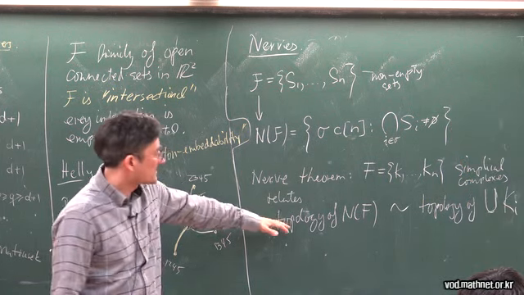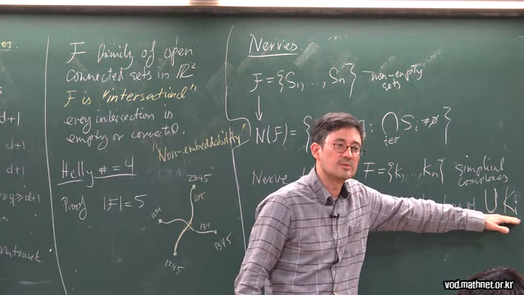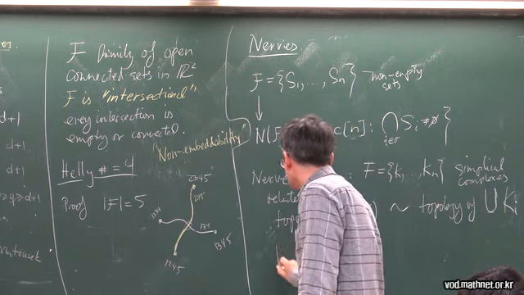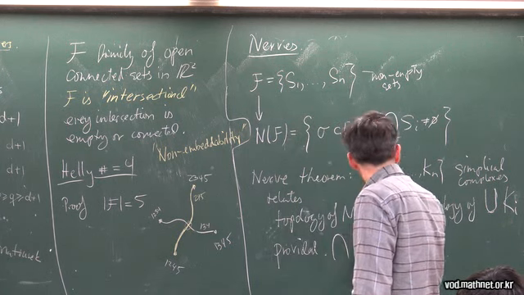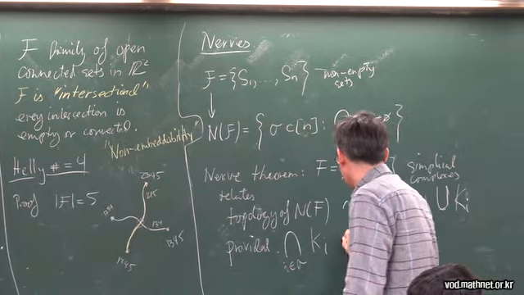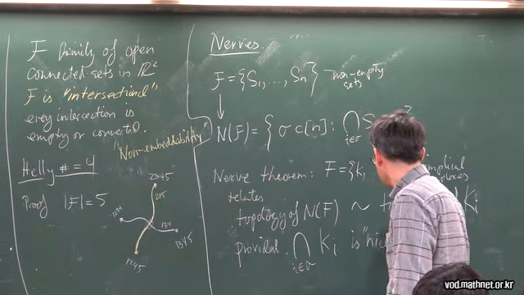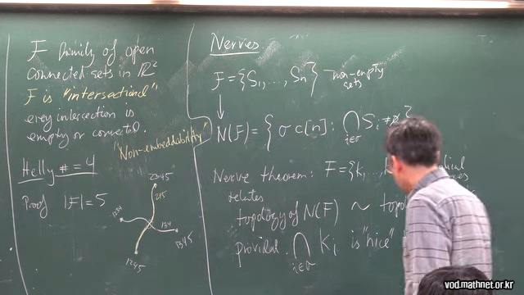Then a nerve theorem relates the topology of this abstract complex to the union of these simplicial complexes. Right? And still you need a condition. So this is provided the intersection of anything... So what does it say?